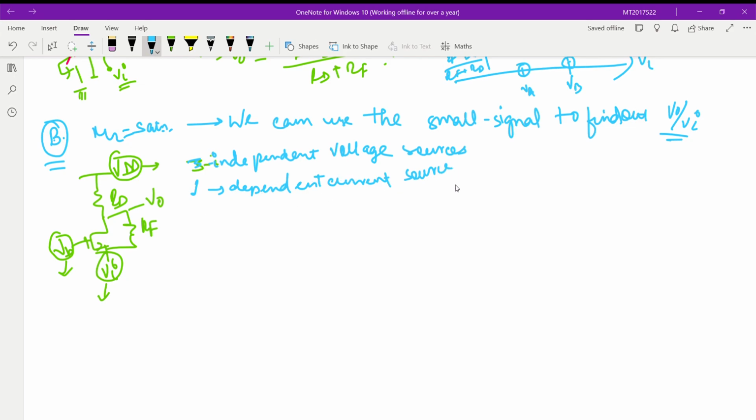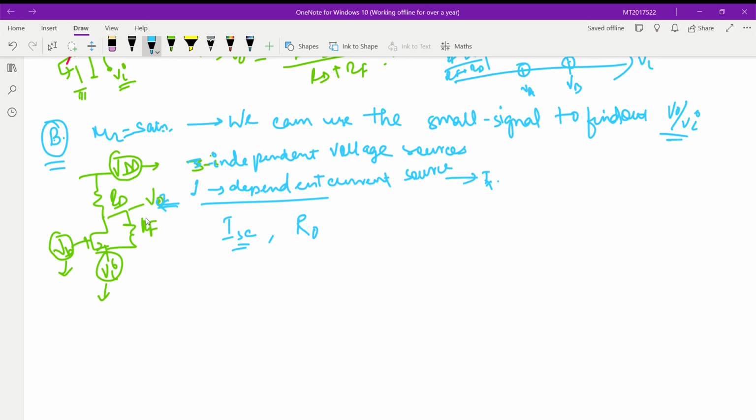This is nothing but the transistor. Let's just forget about this dependent current source right now. We want to find out V out here. So let us use the short circuit current method to find out V out. Along with the short circuit current, we then need to find out the R out also, looking from here.